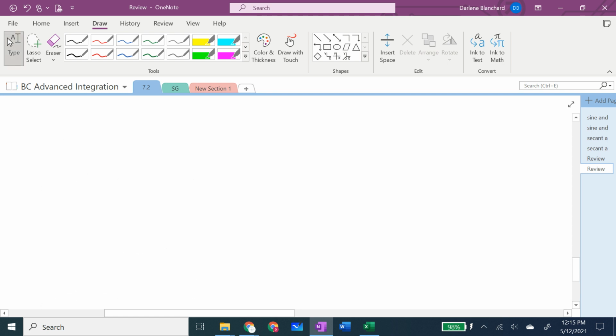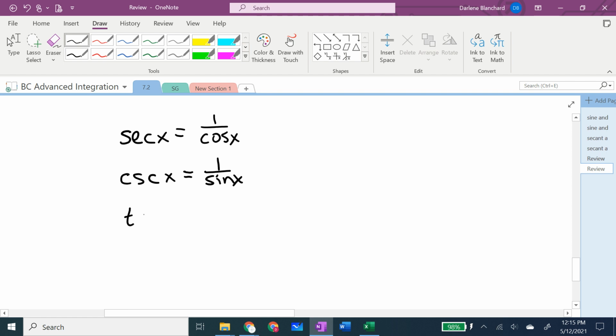So a quick reminder of the reciprocal identities. What is secant in terms of sine and cosine? 1 over cosine. What is cosecant in terms of sine and cosine? What is tangent in terms of sine and cosine? What is cotangent in terms of sine and cosine?